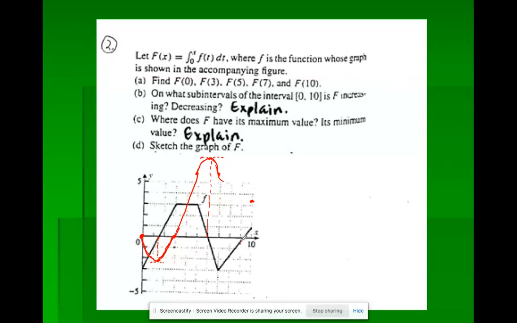Derivative changes from negative to positive, so there is a minimum there. And then derivative is positive, so I am increasing again, increasing to the right endpoint.